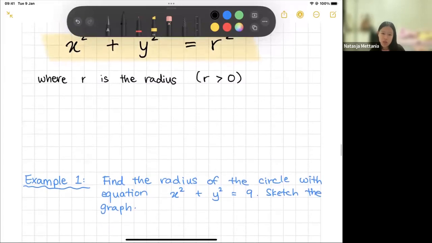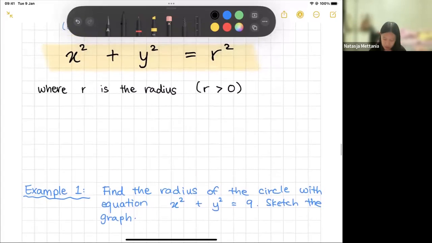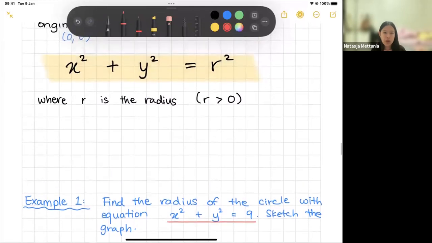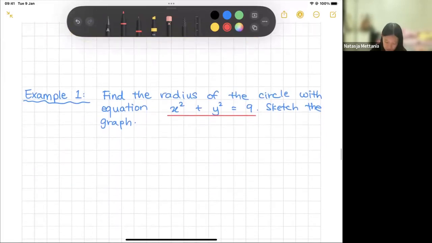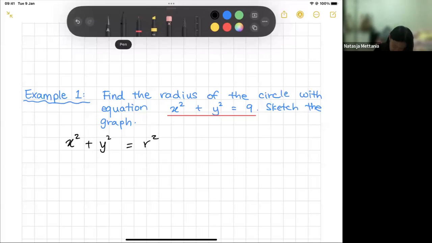Comparing my equation in the question to the formula, for me to find my radius, r squared needs to equal 9. So I'm going to write down r squared equals 9.